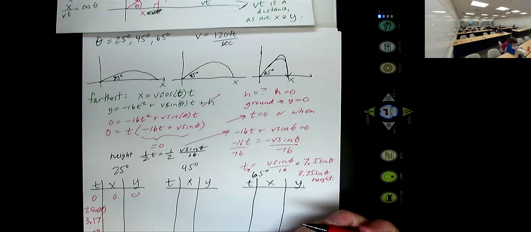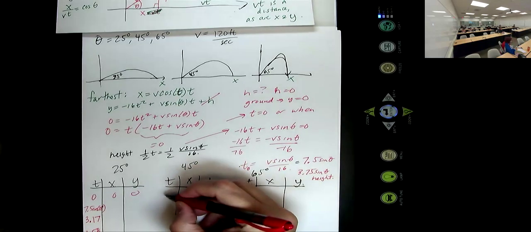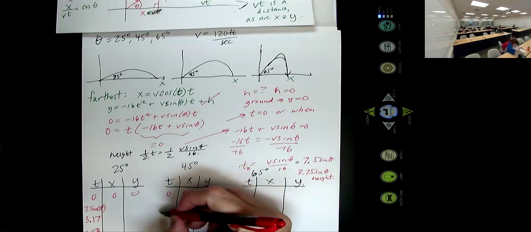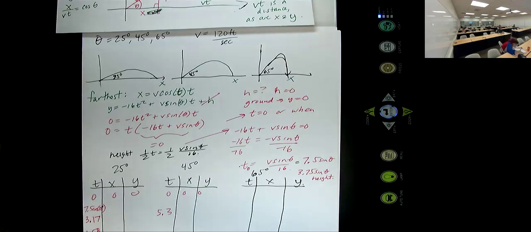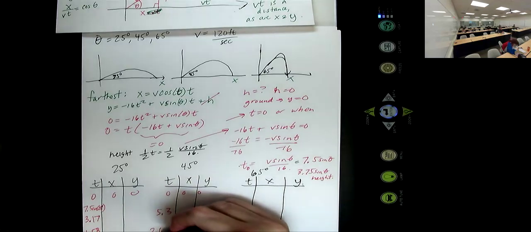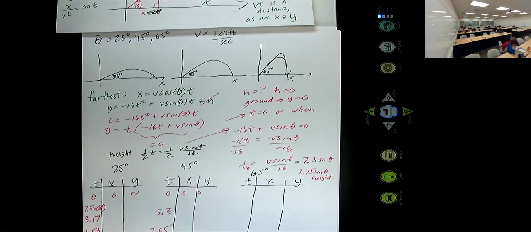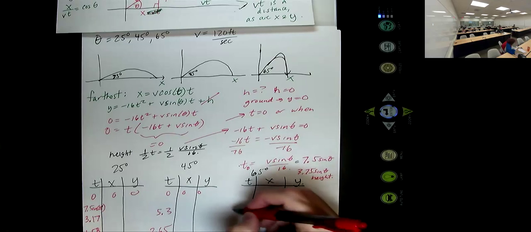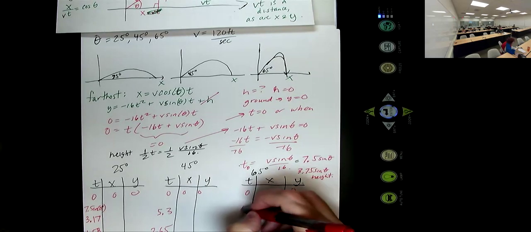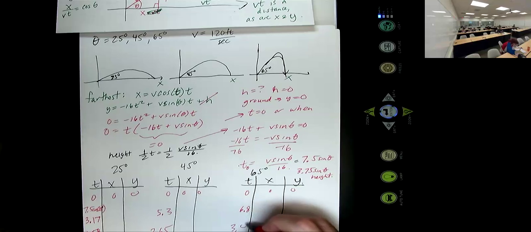And we set that up for the other one, 7.5 times sine of 45. You get 5.3, and then divided by 2, about 2.65. And if I do 7.5 sine of 65 degrees, 6.8, and 3.4.